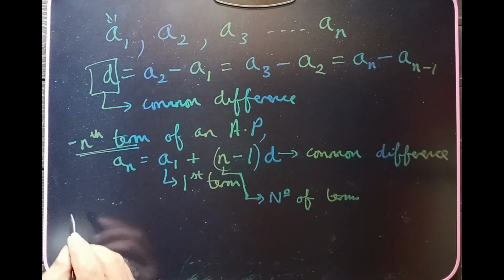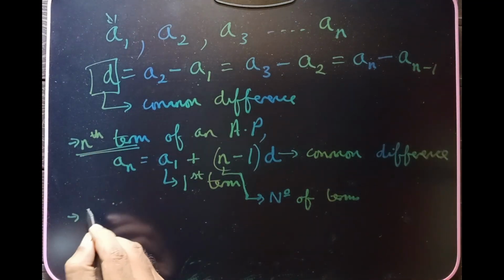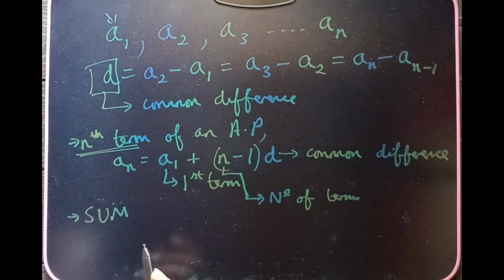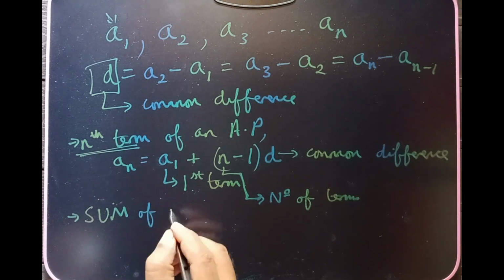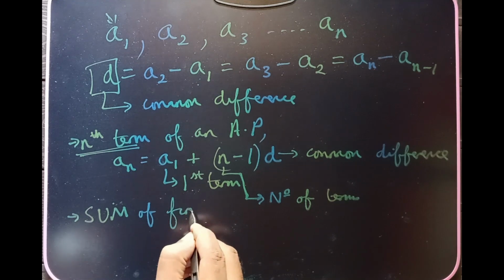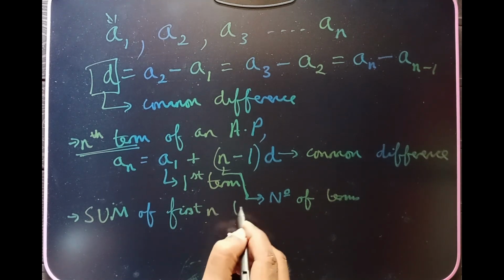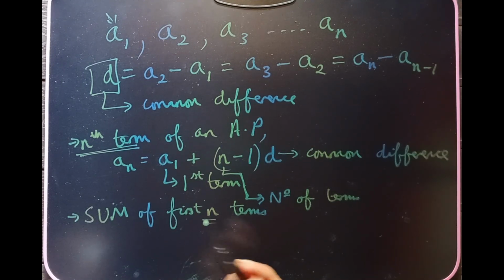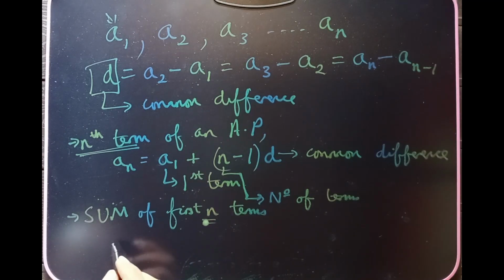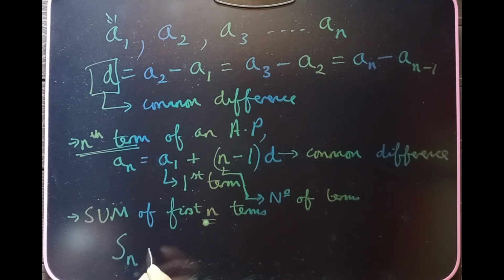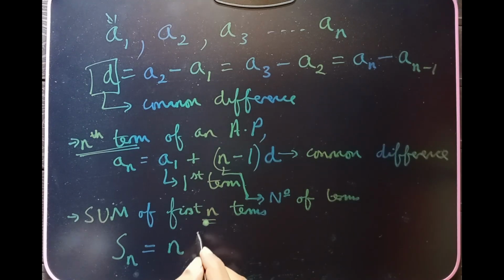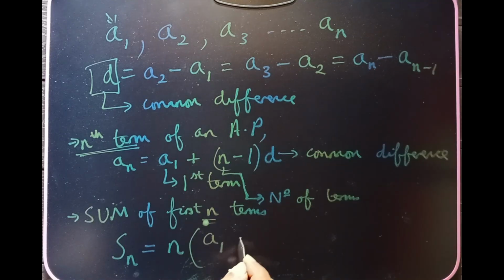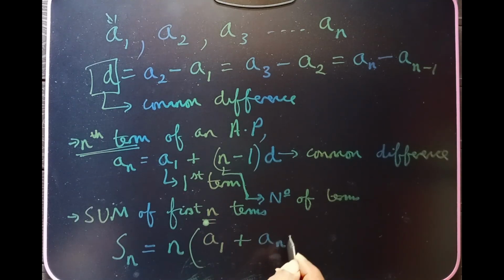How can we find the sum of the first n terms? It can be any number of terms, given as Sn. Sum of n terms is equal to the number of terms times the first term plus the last term, divided by 2.